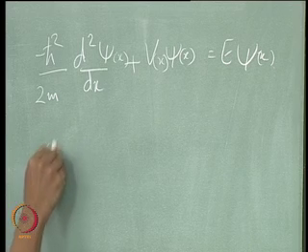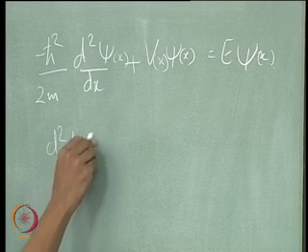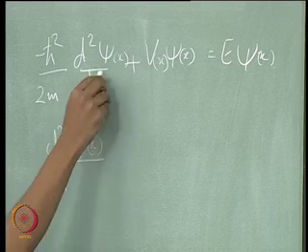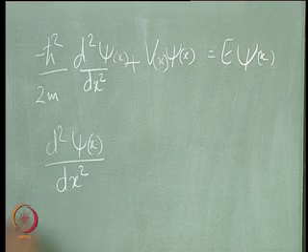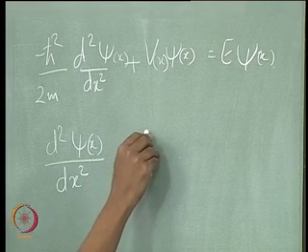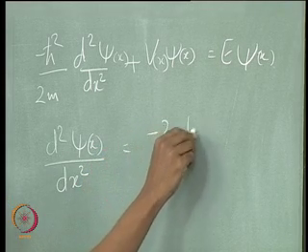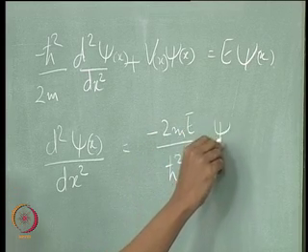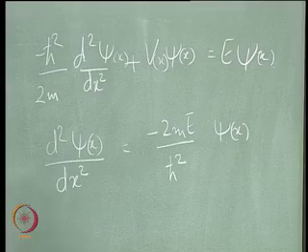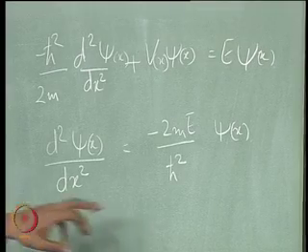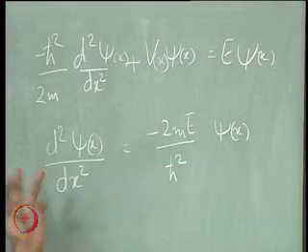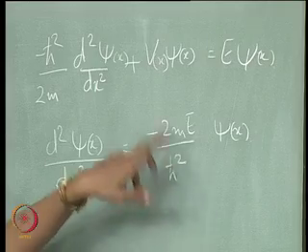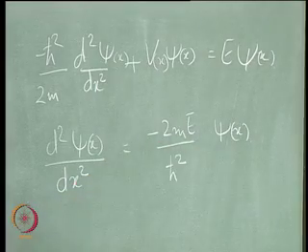So, we simply had d square xi of x by dx square equals minus 2 me by h bar square xi of x, and therefore we recognize that a typical sine or cos function would satisfy this equation, because the second derivative of it would be a negative constant times the same function.